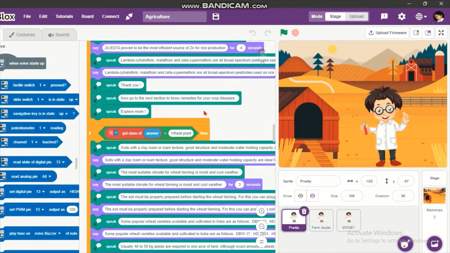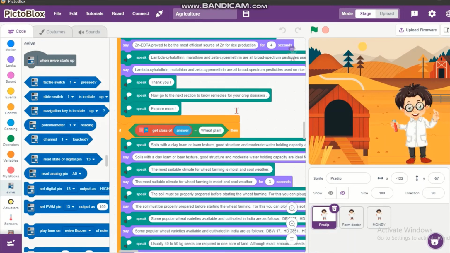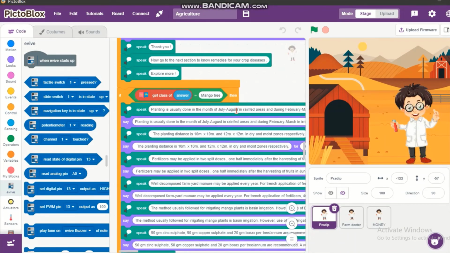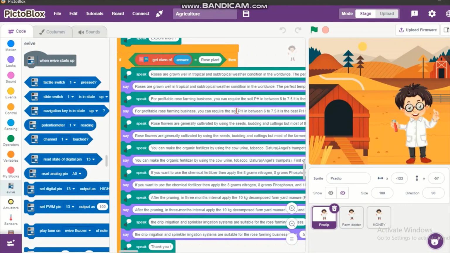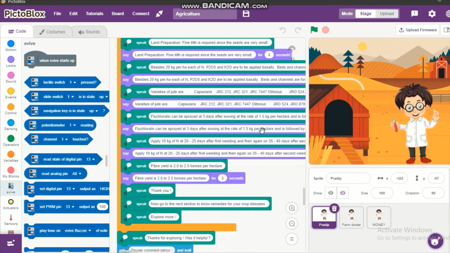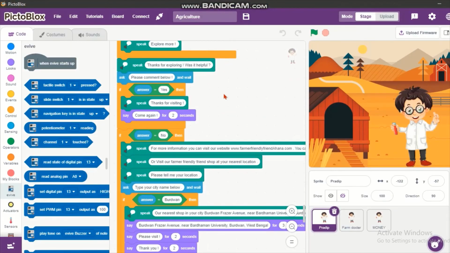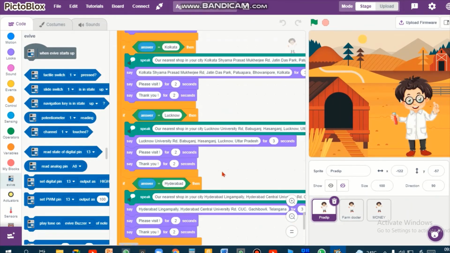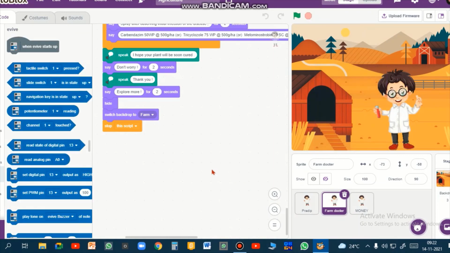I have used events, control, and this text to speech, natural language, and looks block, and sensing too. This is for the address, for telling the nearest shop, and this is for the farm doctor.